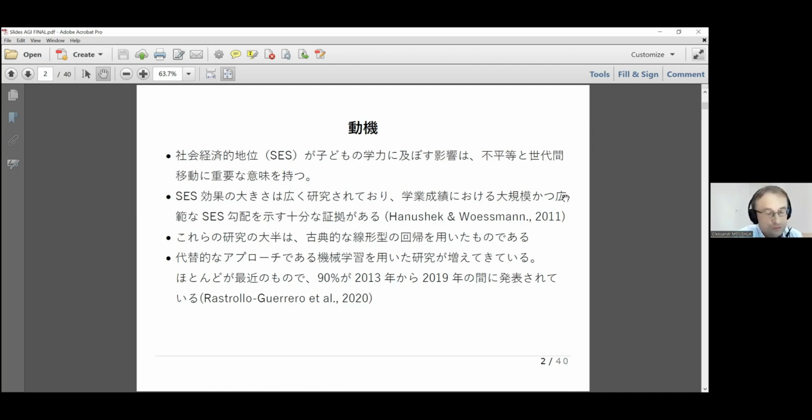First of all, there is a huge amount of literature about the effect of socioeconomic status, SES, on academic ability, because this is a very important topic for society.